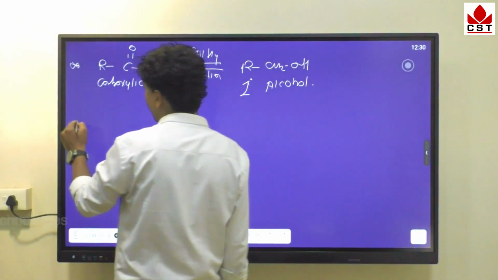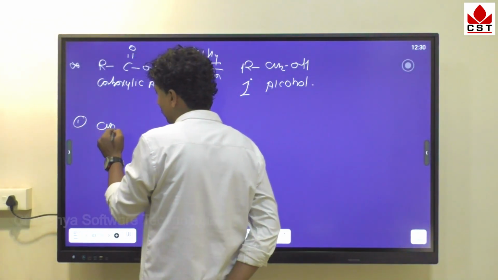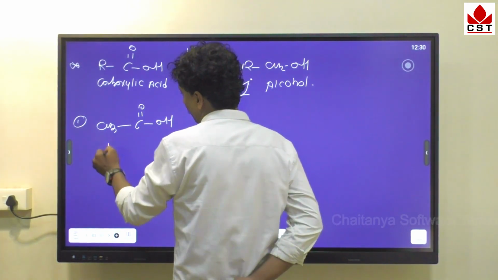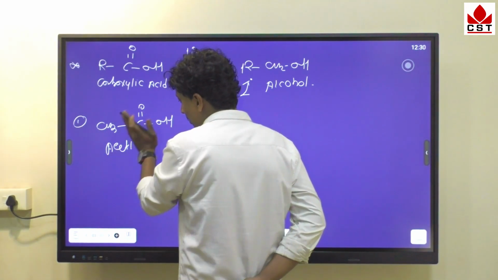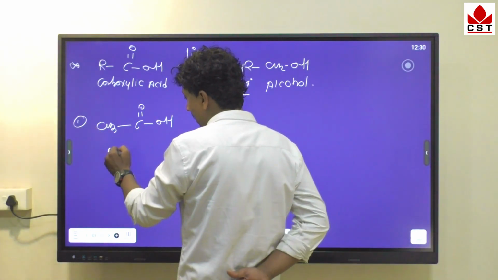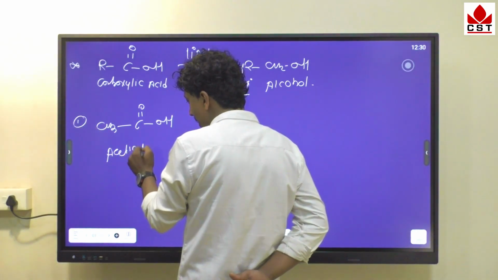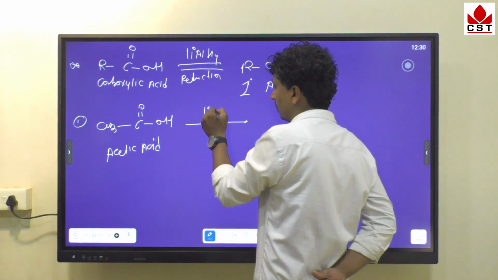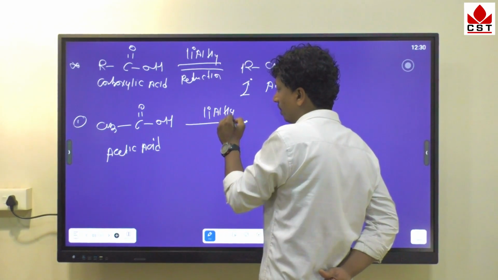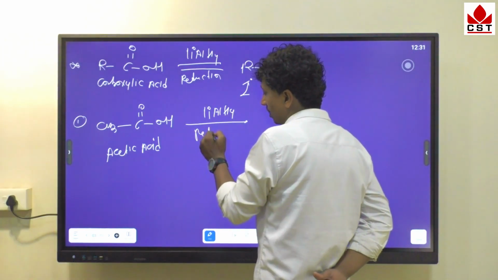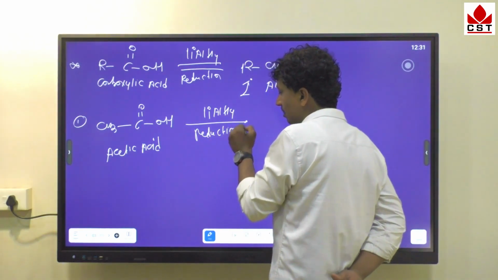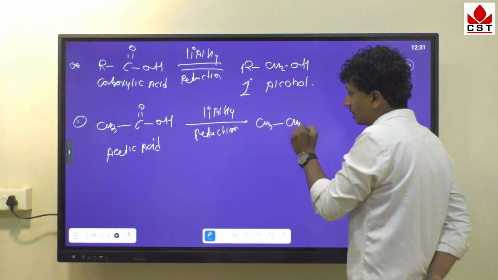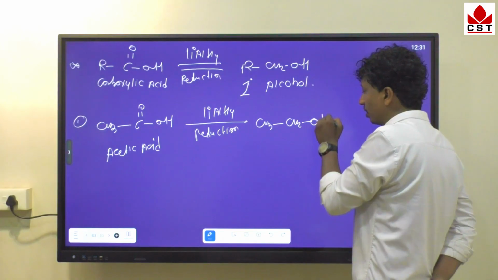Example number 1 of that reduction is CH3–C double bond O bond OH. The name of that reactant is acetic acid, which on reduction with lithium aluminum hydride forms a primary alcohol: CH3, CH2, and OH.